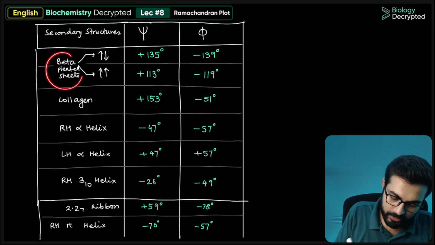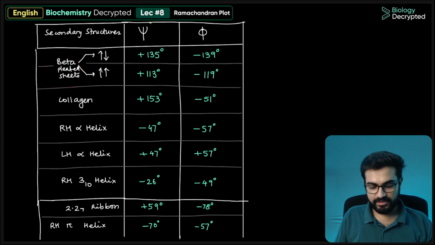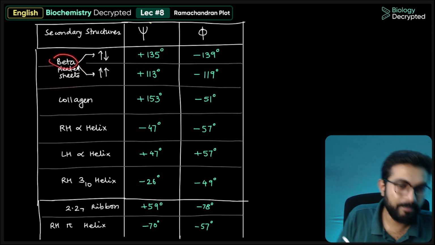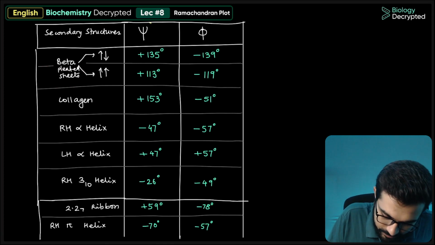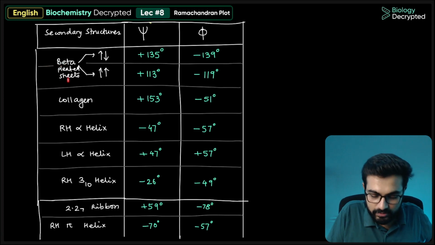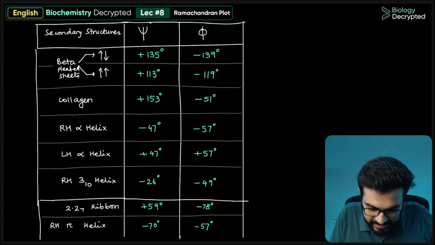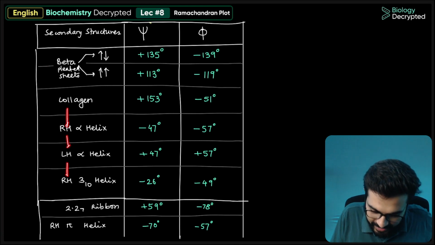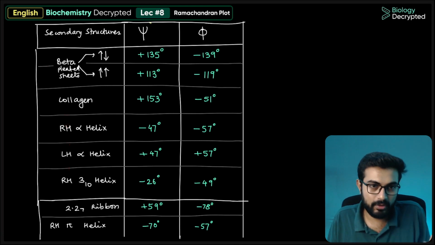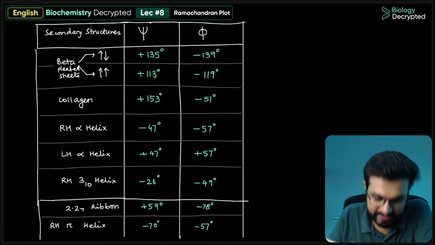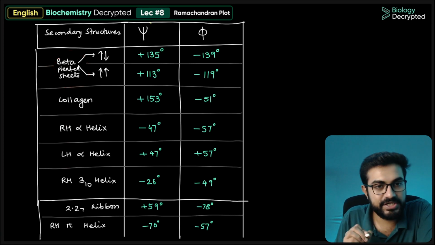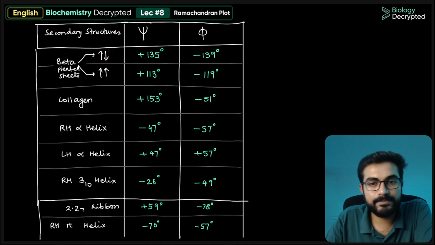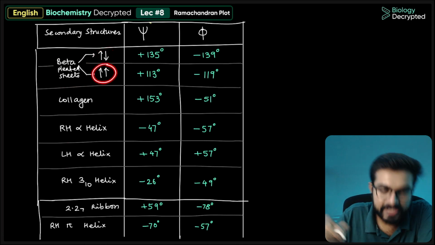Now, if we talk about the beta pleated sheets, well, beta, if you say beta in Hindi, it is referred to as sun. Now, beta or sun is going to college and he looks right, left and right. This is one trick to remember these structures in order. For beta pleated sheets, there can be anti-parallel ones and parallel beta sheets.